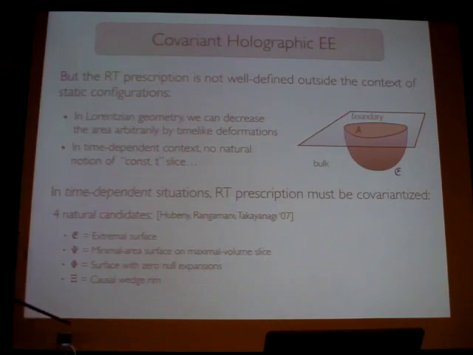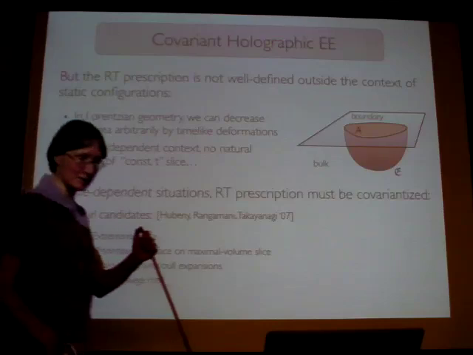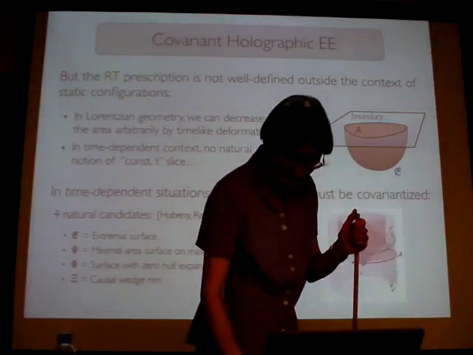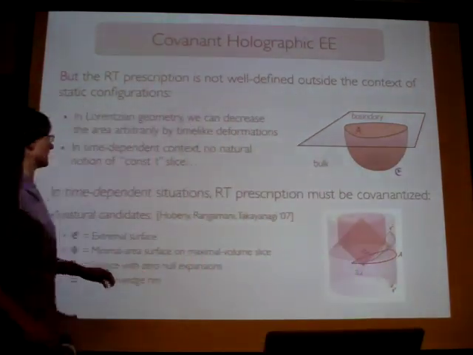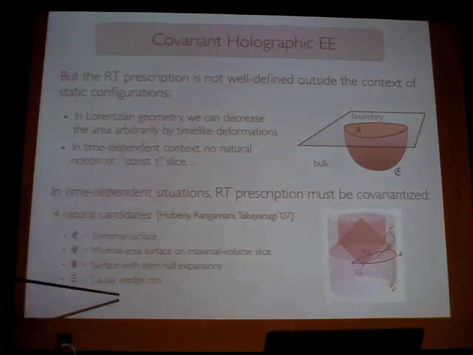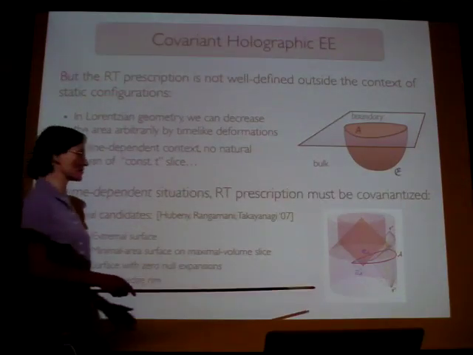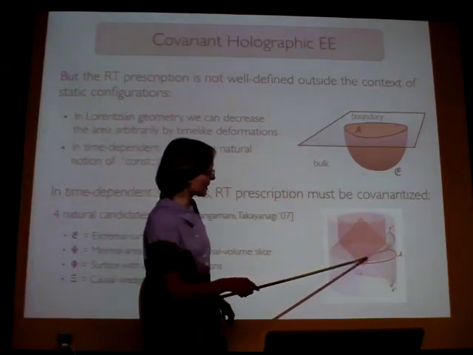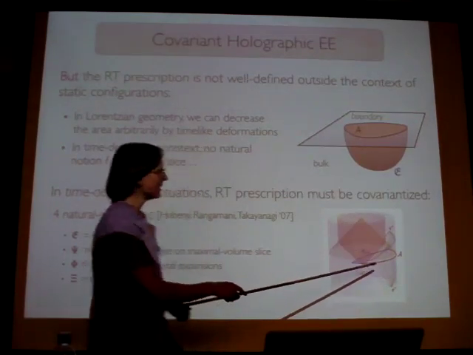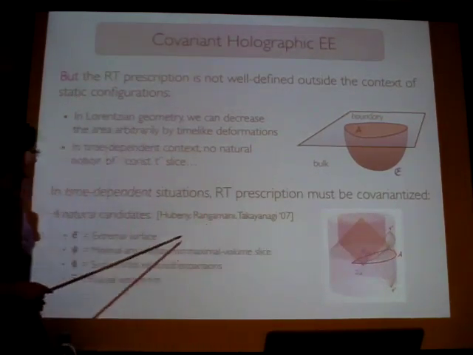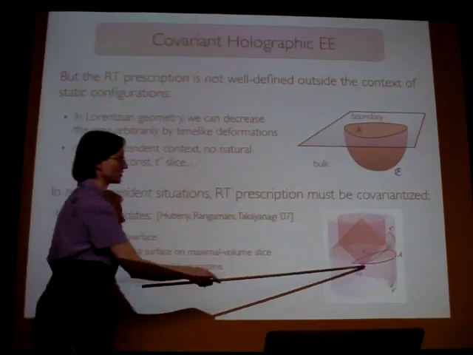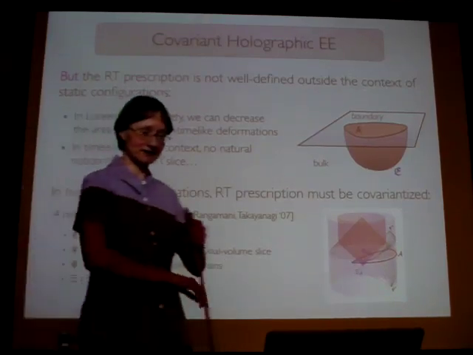Or you could have an even more deeply causal construct, called a causal wedge, and take its rim. I'll talk about that a little bit later. So here, in pure AdS, of course, all of these coincide, but in general spacetimes, like this one where a shell collapses into a black hole, I have sketched two of these, the extremal surface and this causal wedge rim. They certainly differ.